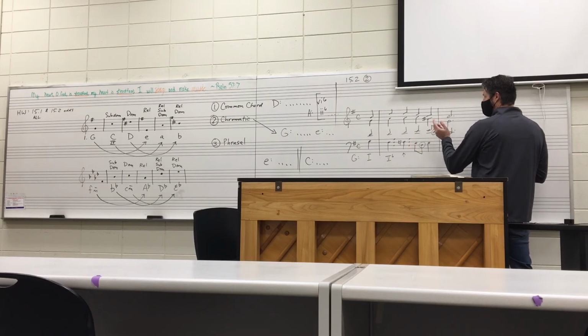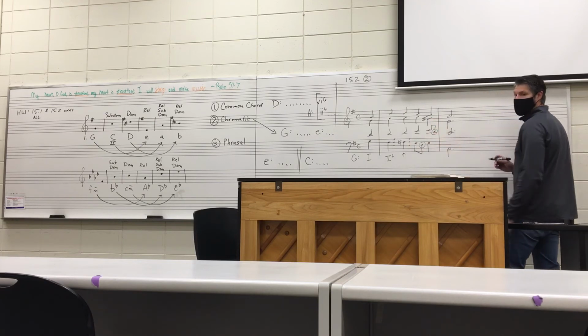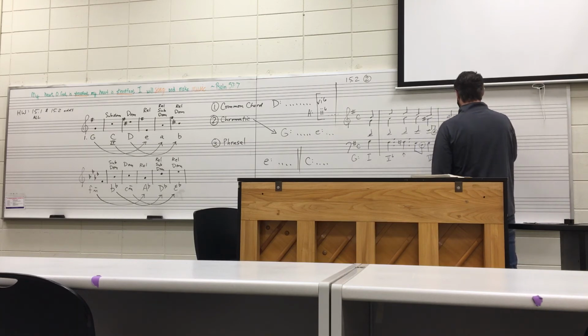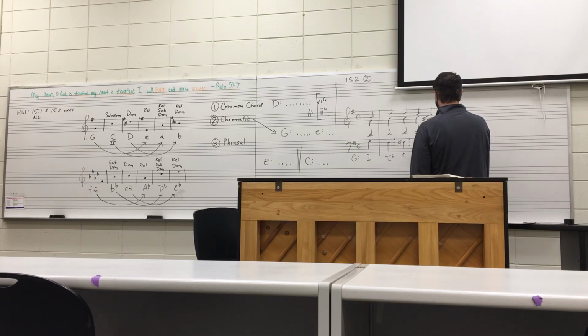The reason there's a sharp here is because they wanted to make the 5 chord major. 5, 1 for a PAC, and I'm going to mark my passing tone here and my neighboring tone here.